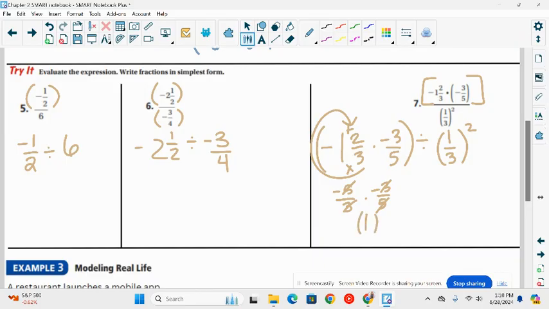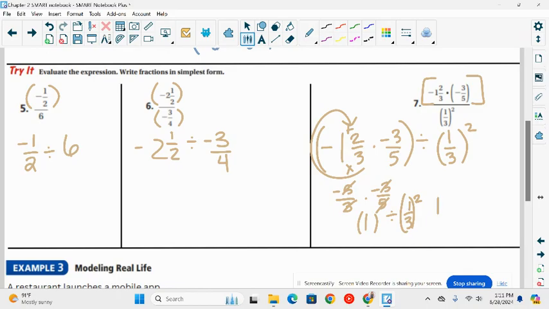So we got 1 divided by 1/3 squared. So what does that mean? 1/3 times 1/3, which gives me 1/9.